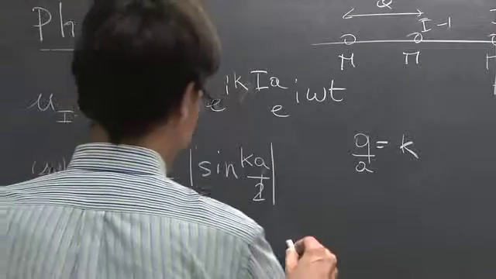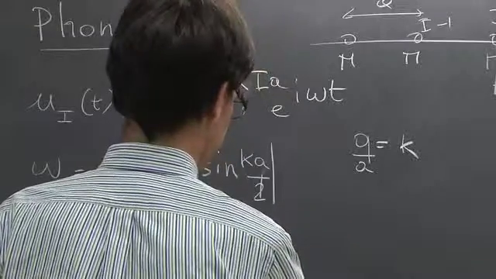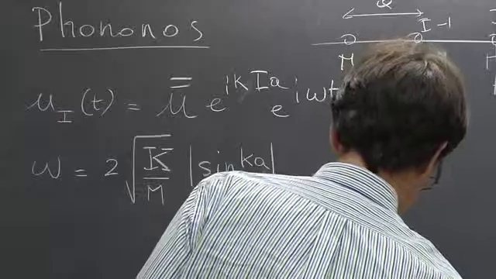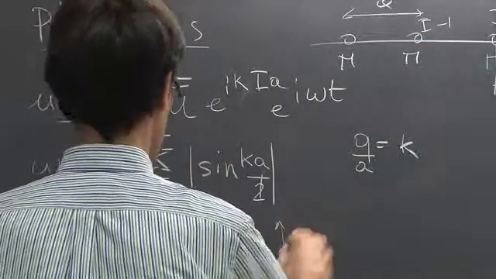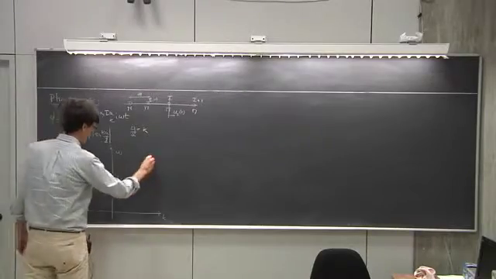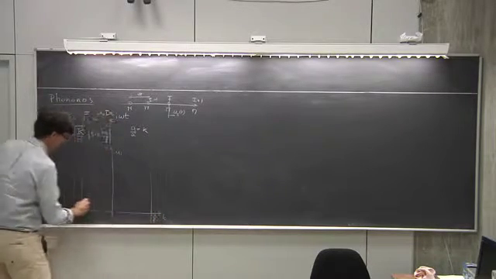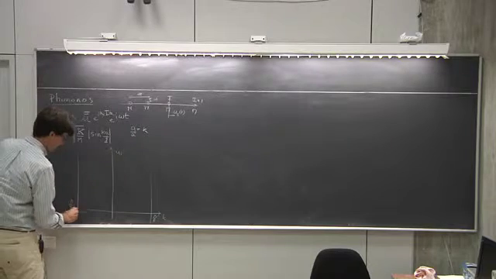So when we plot our solution in terms of omega as a function of k, now k goes from minus pi over a to pi over a, the usual argument.